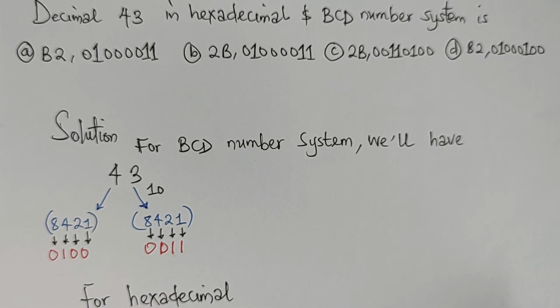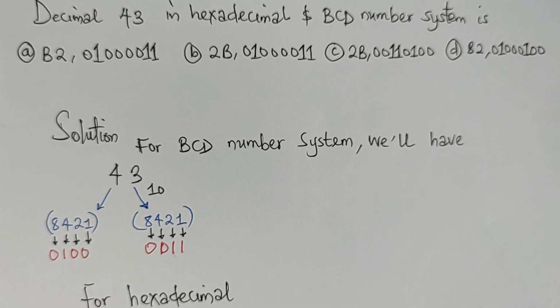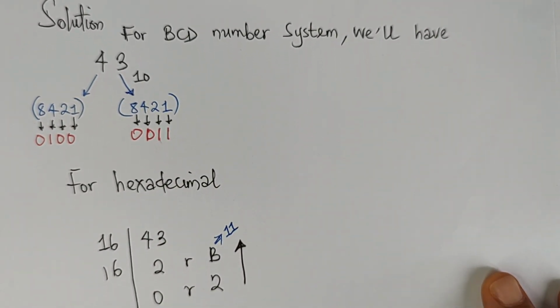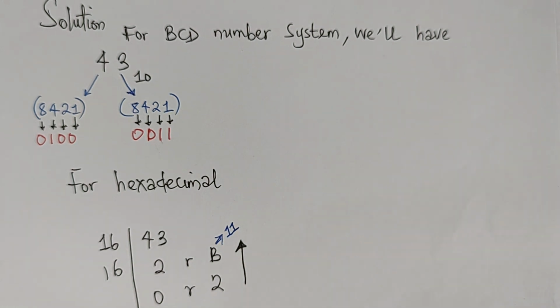Now, for us to know, you can't just guess. You have to do a quick solve to see which of the options, because we are left with A and B. So to that, we are going to go for the second one, which is the hexadecimal. For the hexadecimal, we are going to divide the 43 by 16. So we are going to have 16 into 43. It's going to be 2, remainder 11.